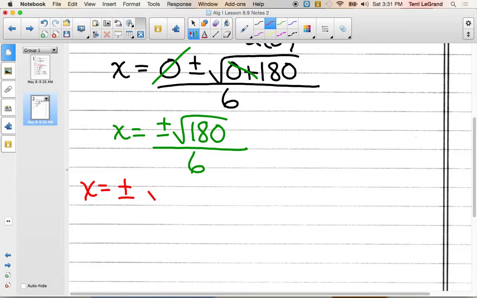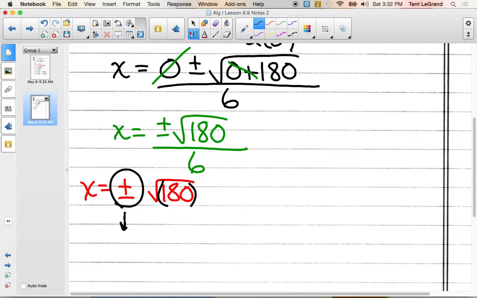We're going to say, what is the square root of 180? And again, your calculator might set that parenthesis. Now notice we didn't put a parenthesis in front of our square root of 180 because there wasn't anything else in the numerator to have to deal with. So we just really have the square root of 180, and we're not going to worry about this part right here right now.